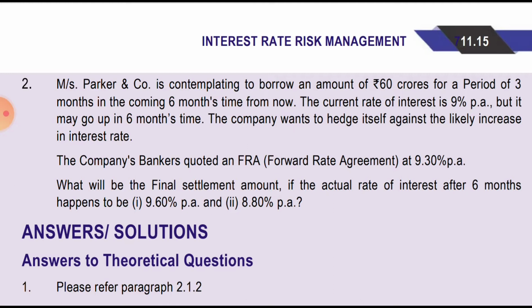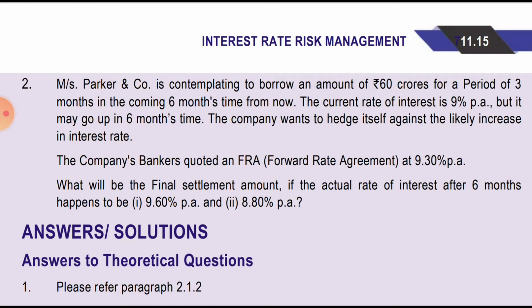In this case we have to use one formula for calculating the settlement amount, that is N into RR, where RR is the reference rate. The reference rate is the actual rate after 6 months, that is 9.6 or 8.8, reference rate minus forward rate, that is the FRA percentage, 9.3 in this case.